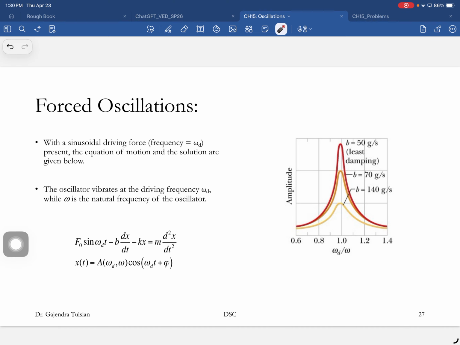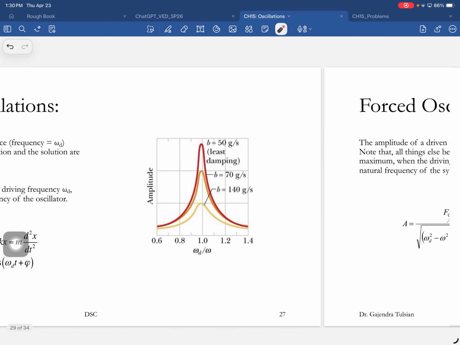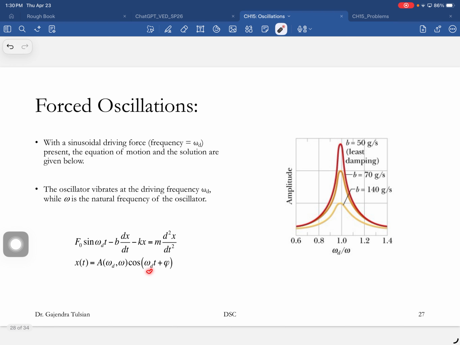So this is the frequency of oscillation, and this is the driving frequency. Now we'll give you an expression just for the amplitude. Now the system is oscillating at the driven frequency. You guys remember when we went to the physics lab, we put that plate on an oscillator.